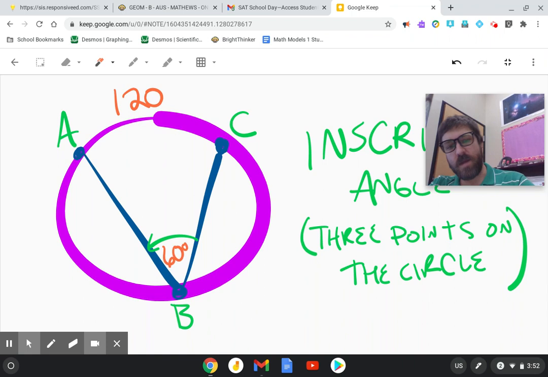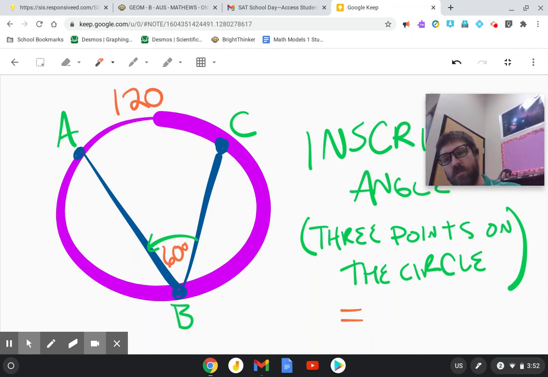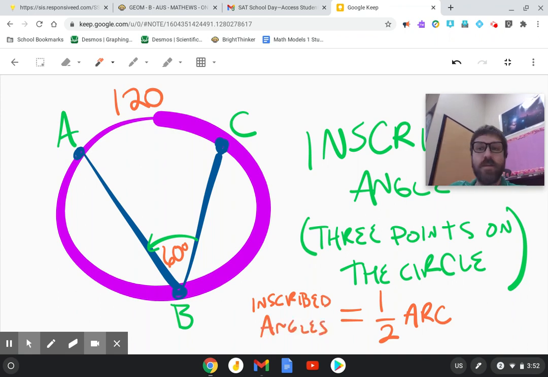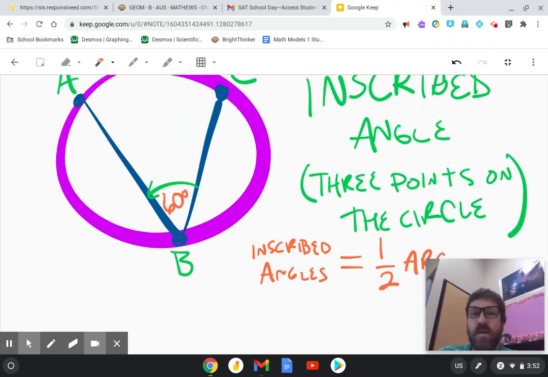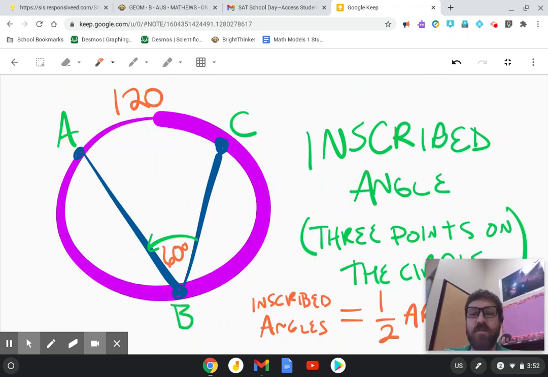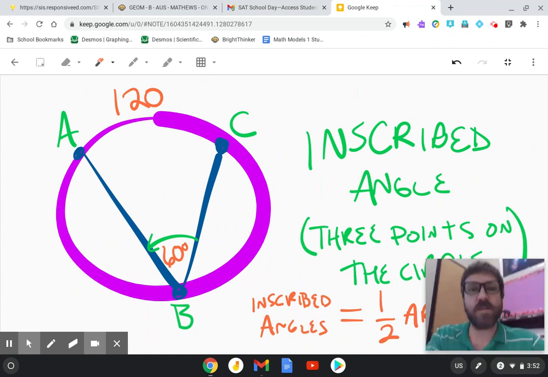So inscribed angles are equal to 1/2 the arc. Now, you don't have to actually know that for the test, but the proofs in this lesson are going to utilize this information and some other rules as well. But you need to know this is an inscribed angle. I'm telling you, that is the key that you need to know for the test.